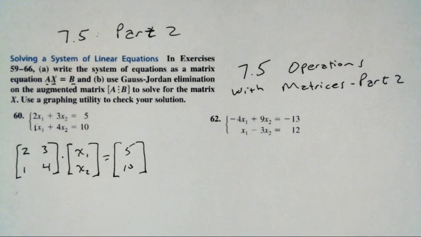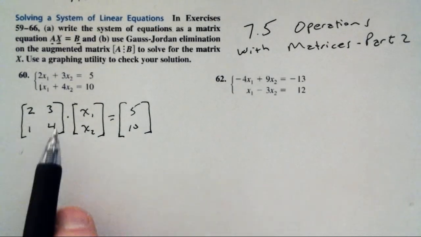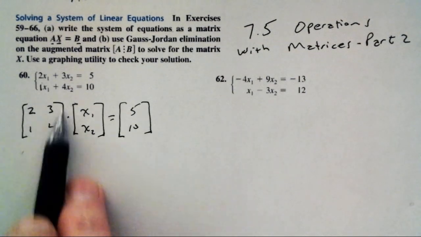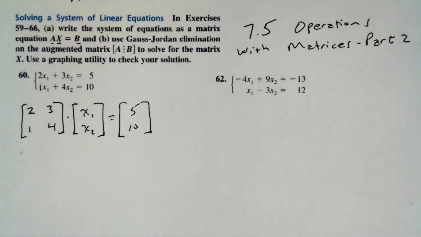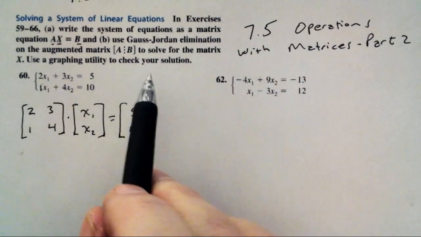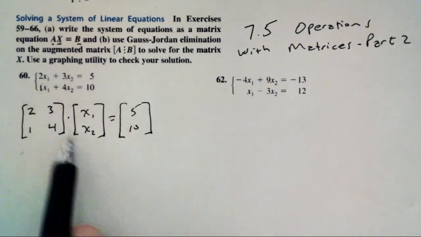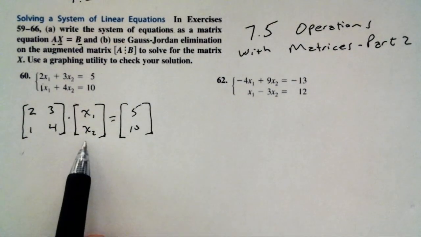And then in the next section, 7.6 I believe, or maybe 7.7, they're going to have us extend this and do more with inverse matrices. But anyway, this is just a warm-up, because if they'd asked us to just solve this using Gauss-Jordan, we'd already be done in the time we talked through that.